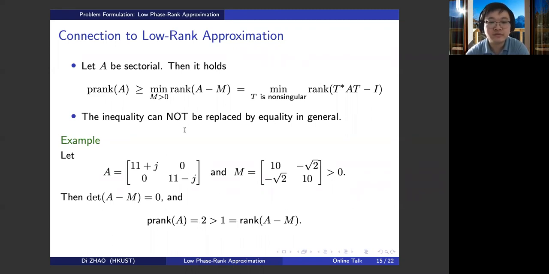From this simple example, we see that the phase rank can be lower bounded or upper bounded by the rank, but in general they are not equivalent. So a low phase rank problem in general can't be replaced or reformulated in terms of a low rank approximation. This is the difference between these two formulations.